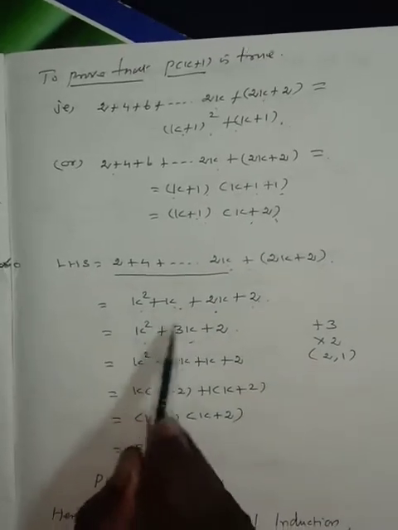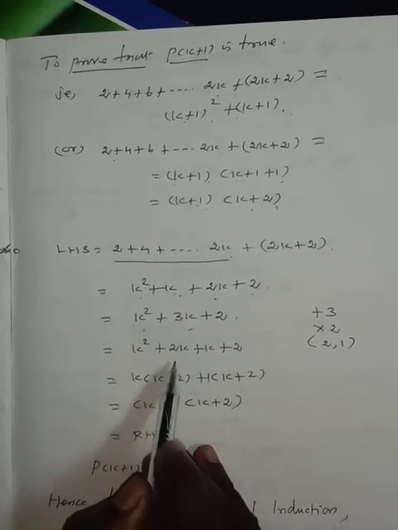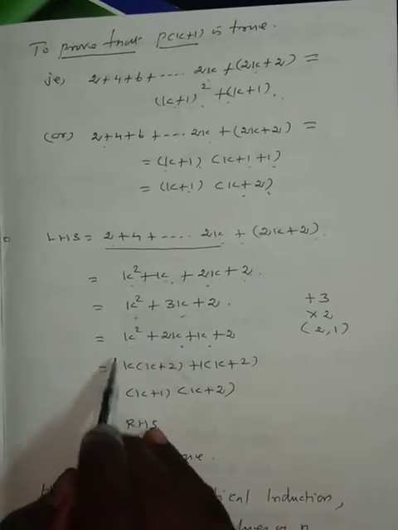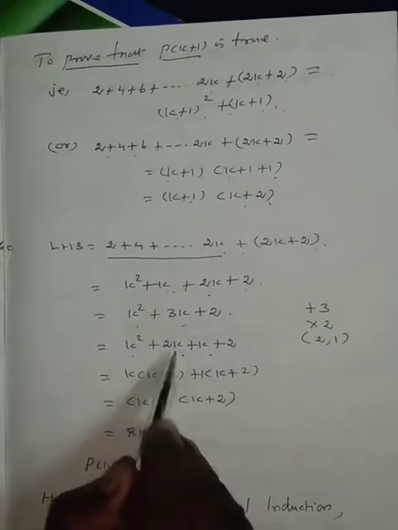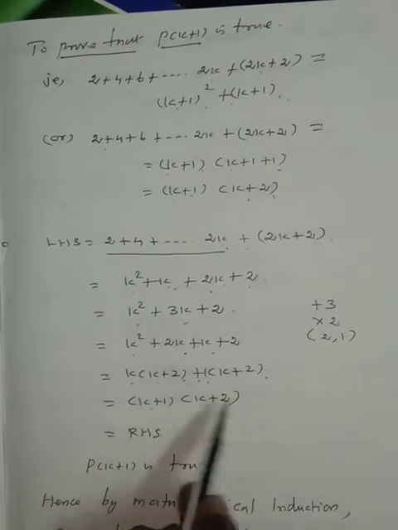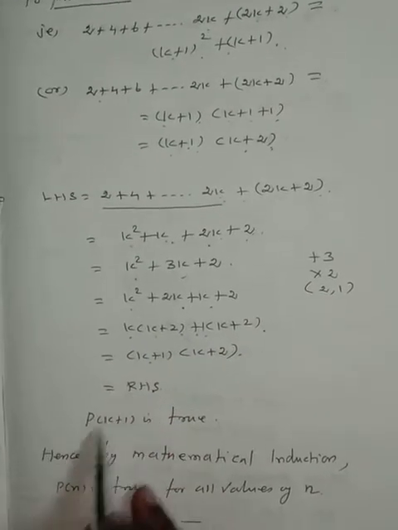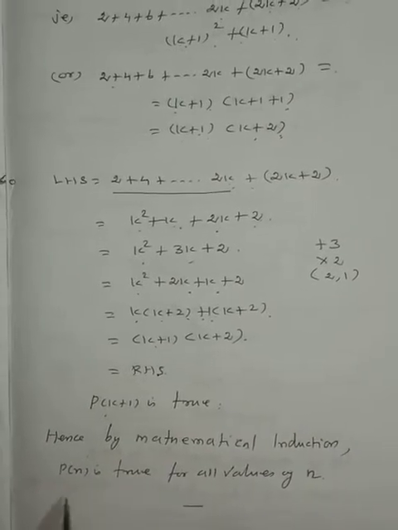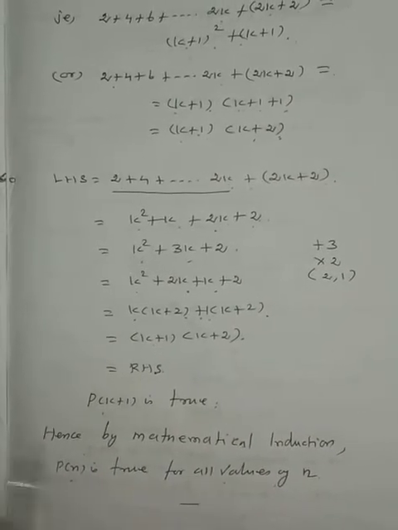Now this 3k can be split into 2k plus k. Take the first two terms, k is common, remaining part k plus 2, plus 1 into k plus 2. K plus 1 into k plus 2 is RHS. So P of k plus 1 is true. Hence by mathematical induction, P of n is true for all n.